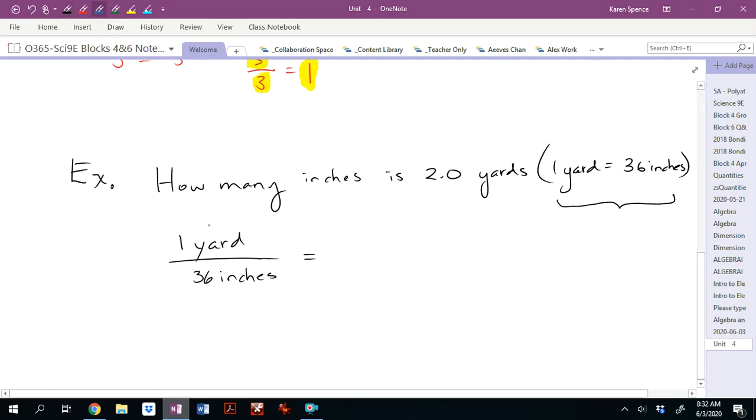Remember, 1 yard, let's call that A, is equal to 36 inches, let's call that A. A will cancel with A and it will leave you with 1. And so if I was to take 2.0 yards and multiply it by the number 1, I would end up with something that is equal to 2.0 yards.